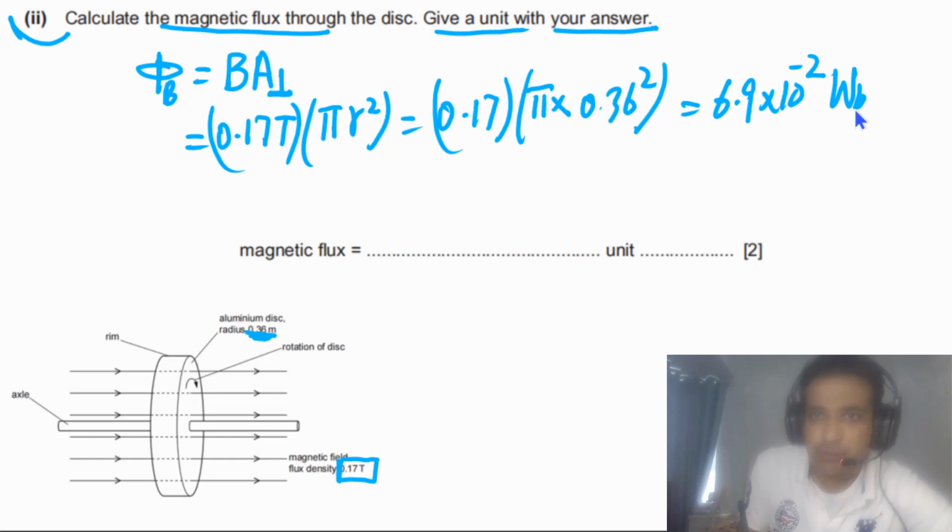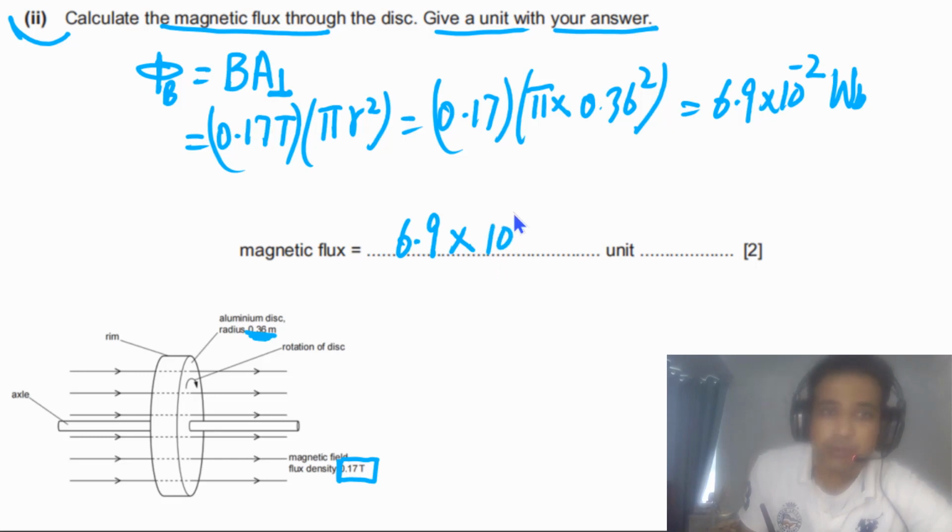The unit is Wb. We write 6.9 to 2 SF because the least number of SF in the raw data is 2 SF, so we are using 2 SF here. This is the right physics. You can also use 3 SF, but 2 SF is the right physics.